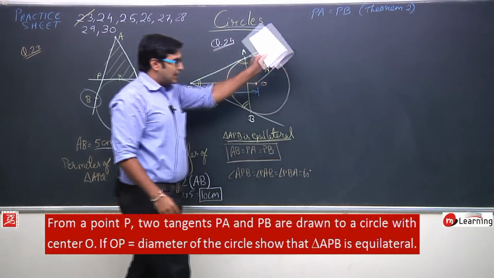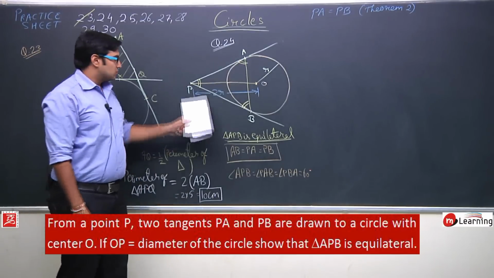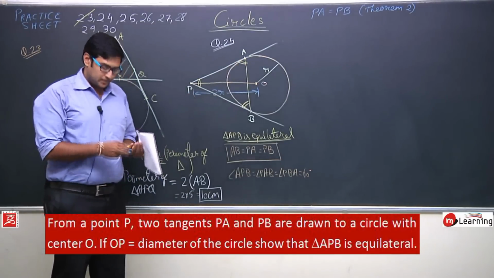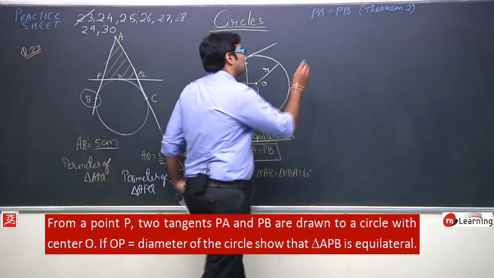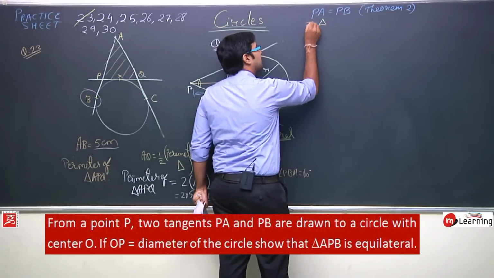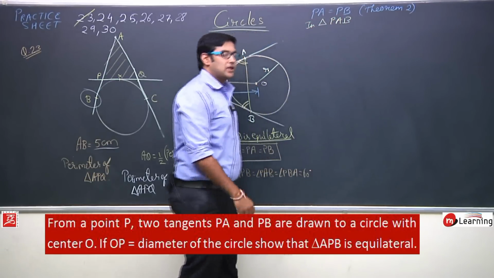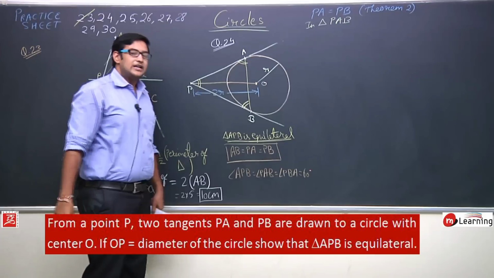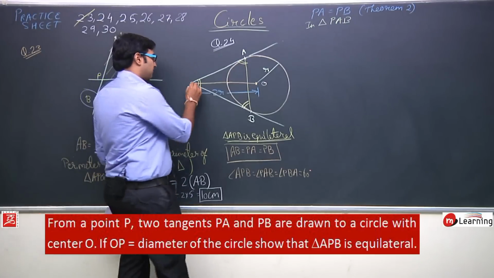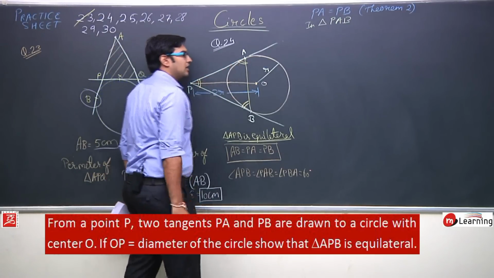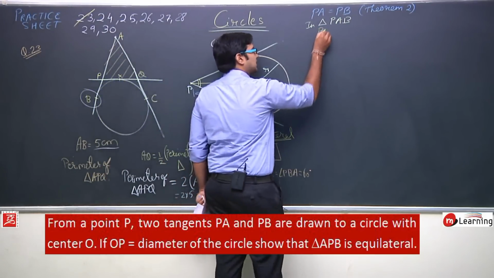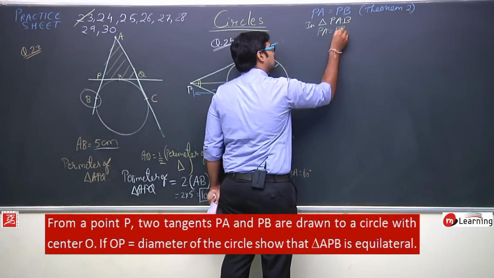By theorem 2, I can say PA is equal to PB. So we have this PA and PB. Now, in triangle PAB, try to observe, in triangle PAB you have PA and PB equal.